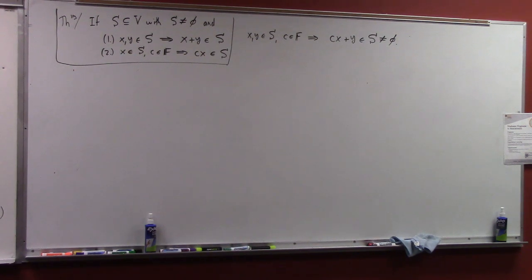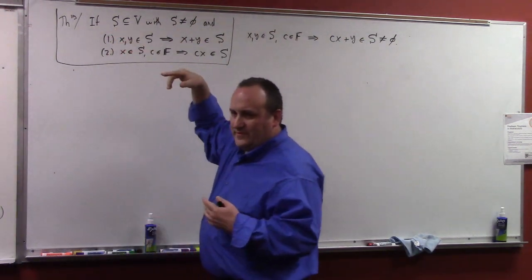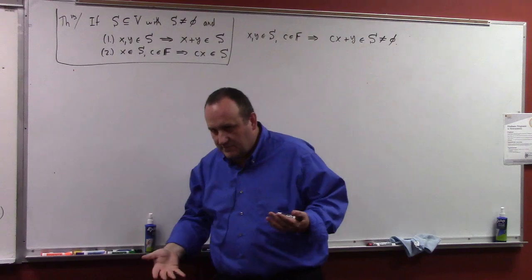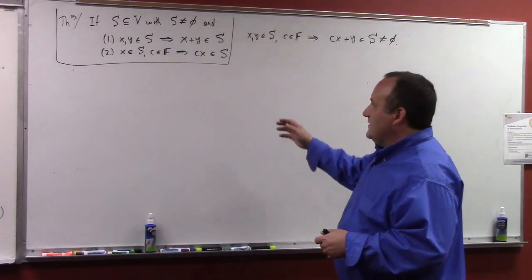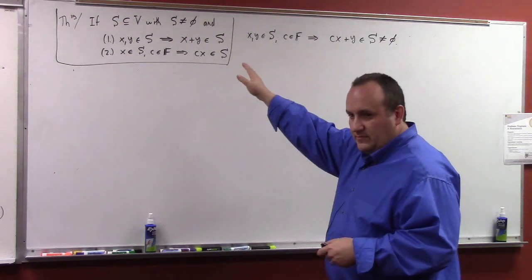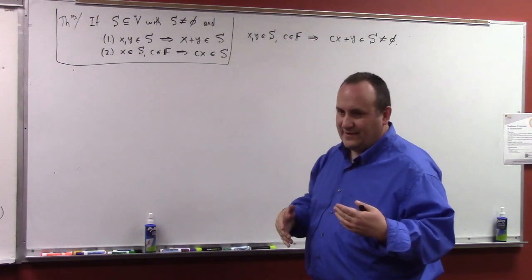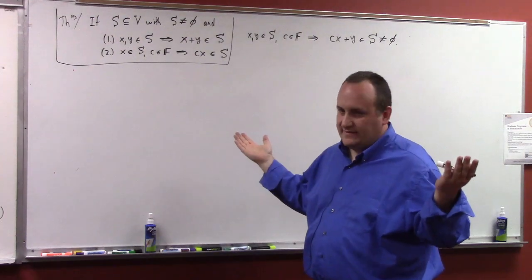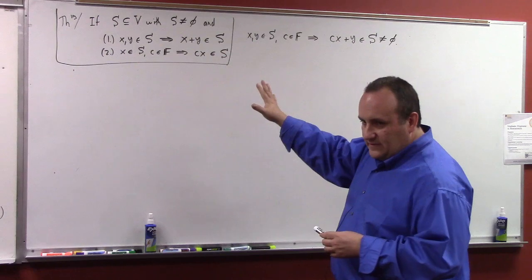Usually it's not even something to discuss, but I forget about that at times. And usually I check for 0, because if you're in doubt, if you can show 0 is not in the thing, then it's not a subspace, right? So that's nice. So that's the subspace test theorem.